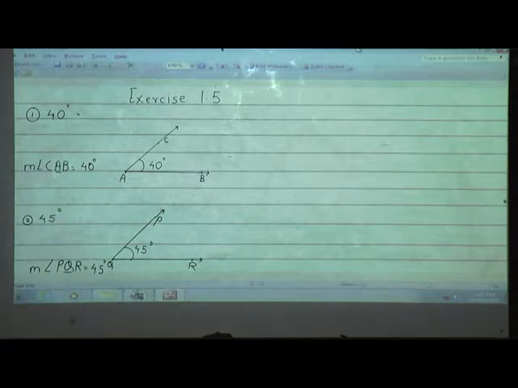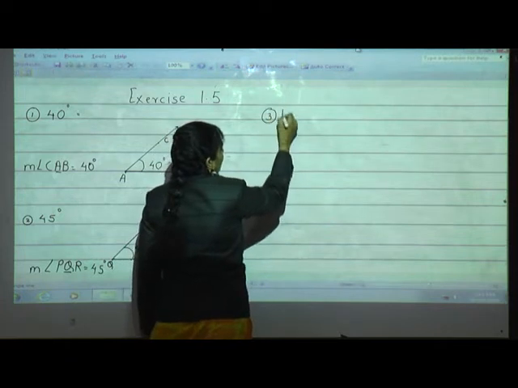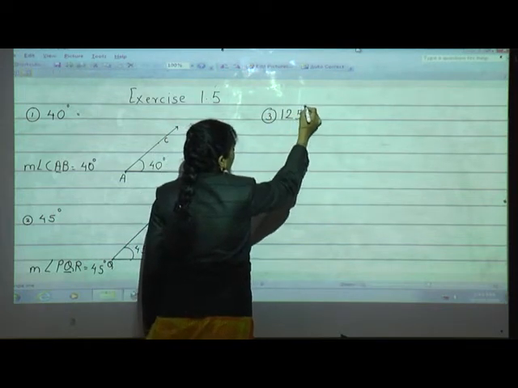Now our next example, the third one, 125 degrees.